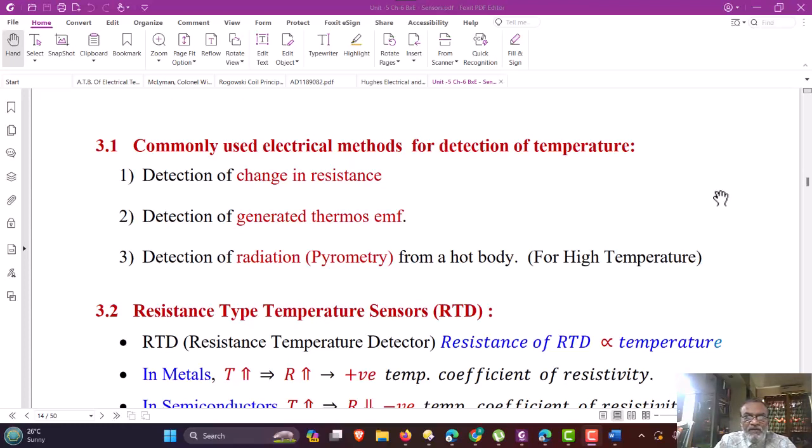The third commonly used method is detection of radiations. Normally, the temperature source radiates thermal radiations. These radiations can be detected by using pyrometric sensors, and the temperature can be determined by matching the radiation intensities.